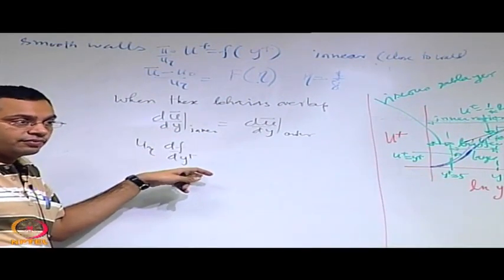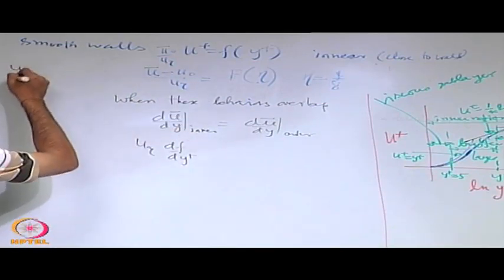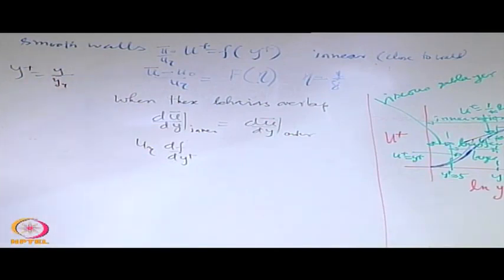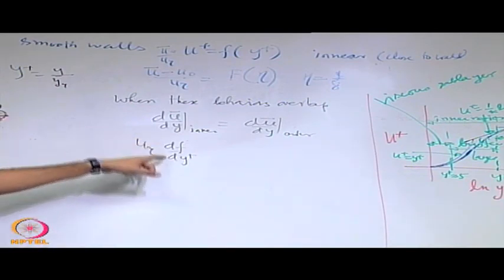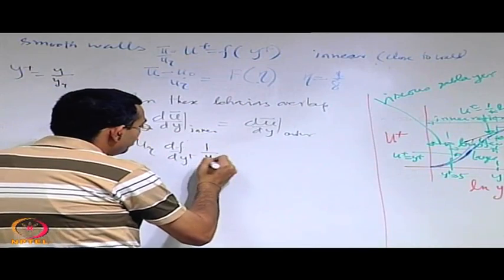So du/dy is u tau into df/dy plus into dy plus/dy, by the chain rule. What is dy plus/dy? y plus is y by y tau, so df/dy plus into dy plus/dy is 1 by y tau.